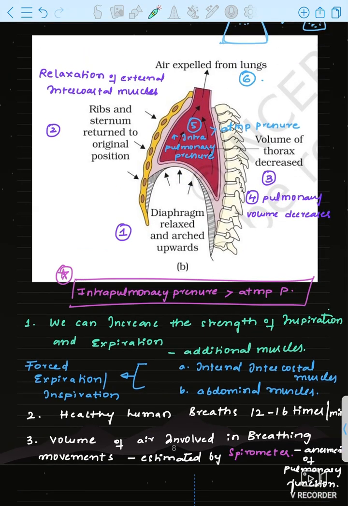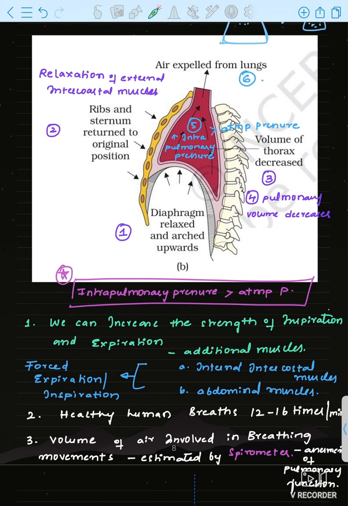Okay, so a few points are there. We can increase the strength of inspiration. This is normal inspiration and expiration: diaphragm muscles are contracted and external intercostal muscles are contracted. Now you want forced inspiration, you want more amount of air.